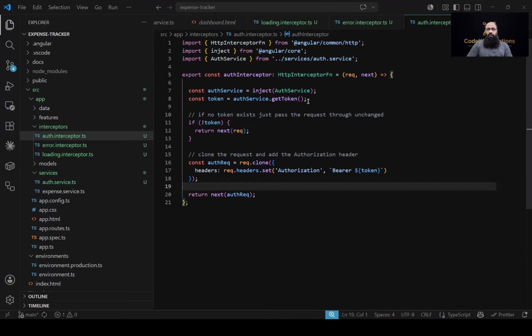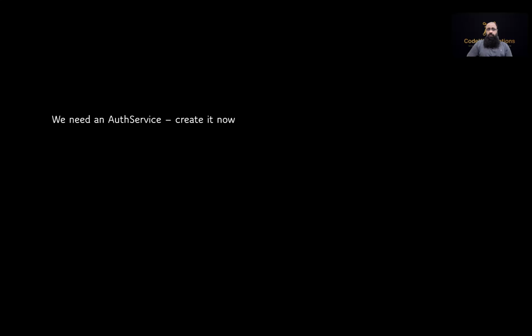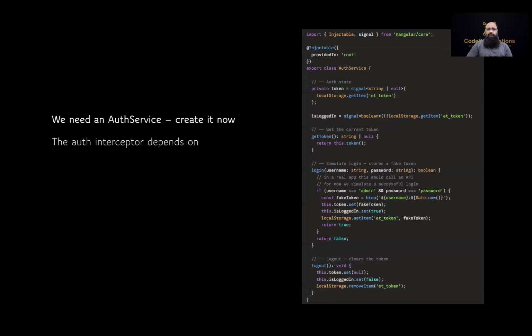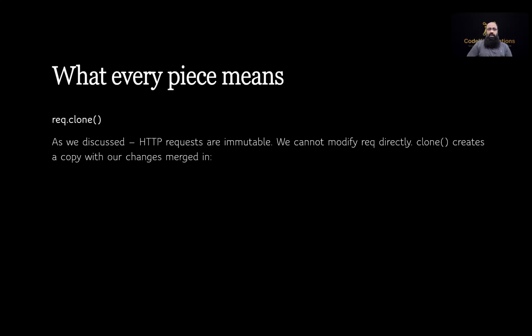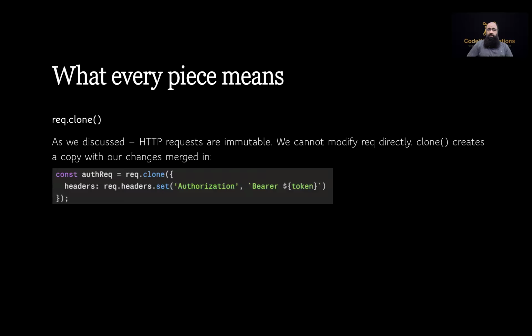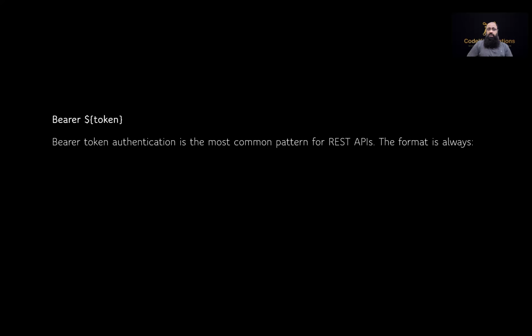And let's just quickly move forward. So what we have done, we have already created the authentication auth service as well. So this interceptor is using this service, and you can see, as we have already discussed, request.clone is being used to set the headers. And one more thing which is being used is the bearer token.